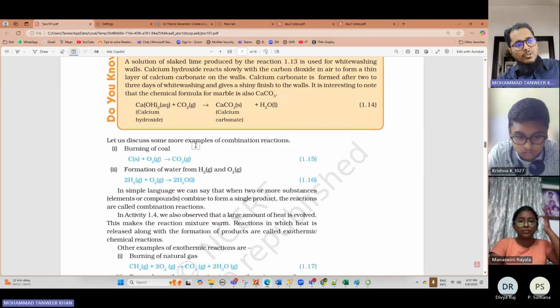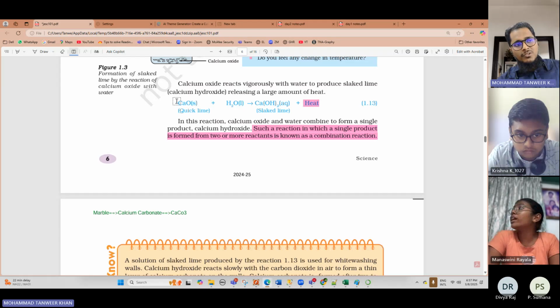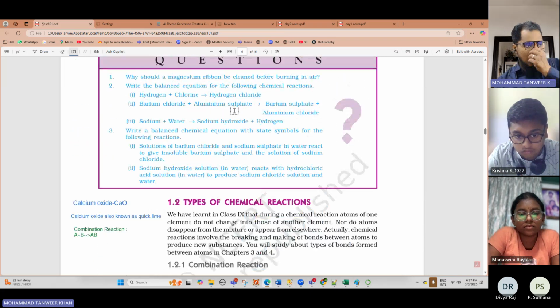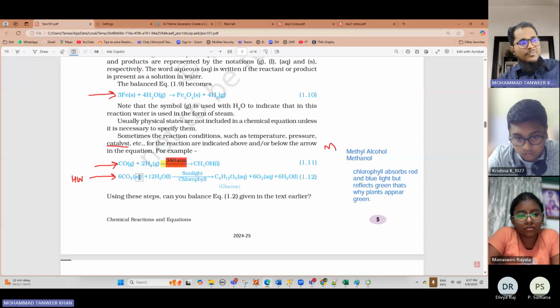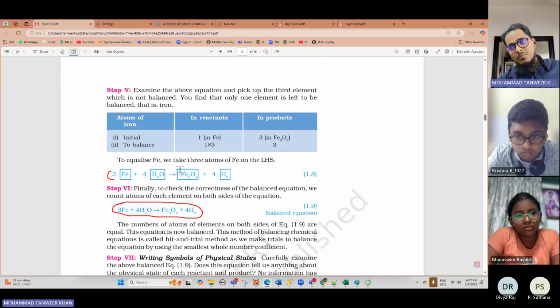Now let us discuss some more examples of combination reaction. So this is one example of combination reaction. I can ask this in your test: show me an example of combination reaction. So this is one example which you have to write. All these chemical reactions you have to remember.